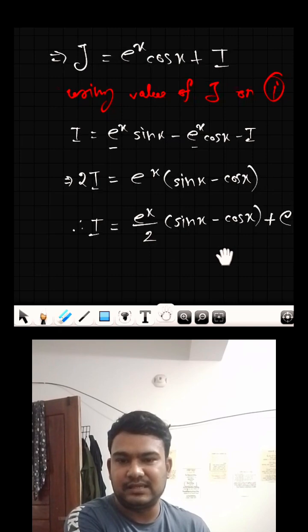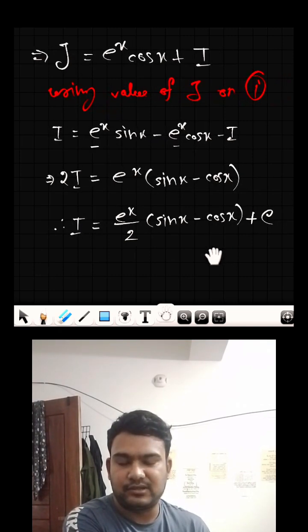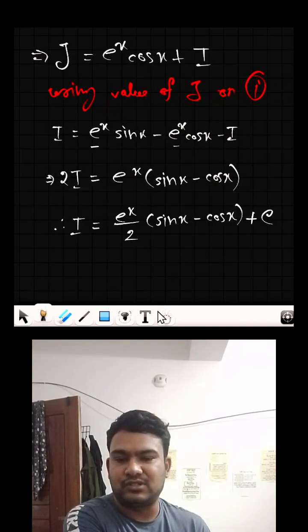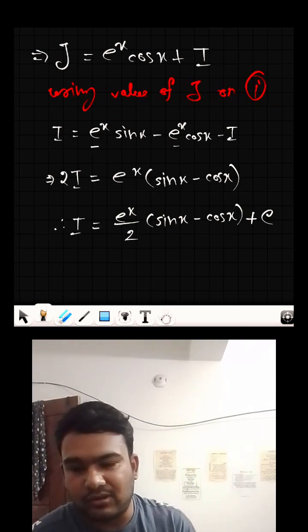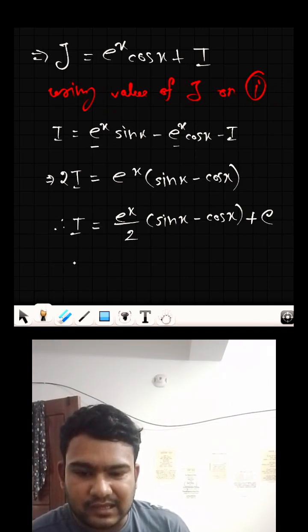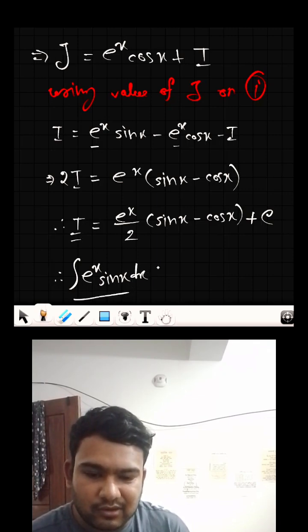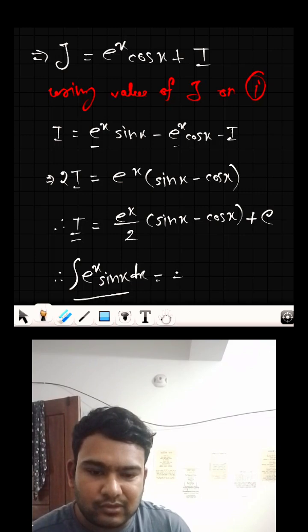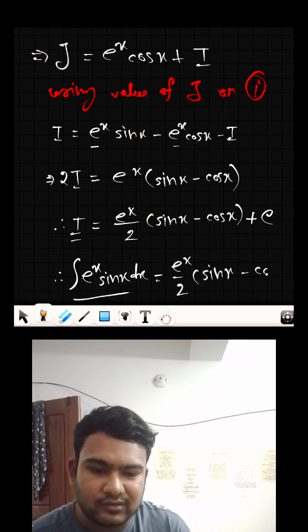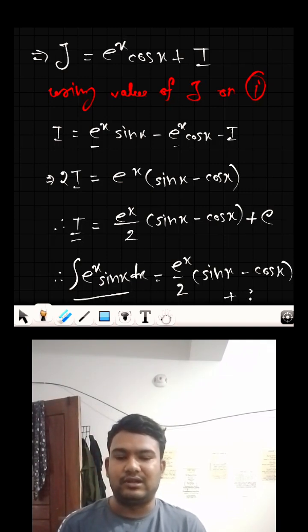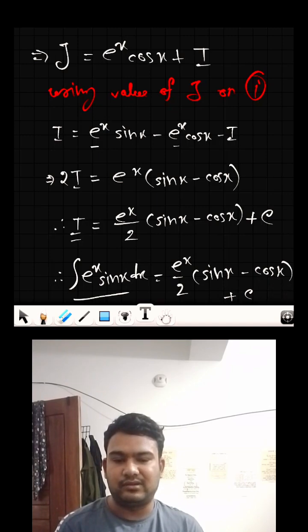The value of I is integration e to the x sin x dx, and the value of the integral is e to the x over 2 into sin x minus cos x plus c, where c is the integral constant, and our integral is completed.